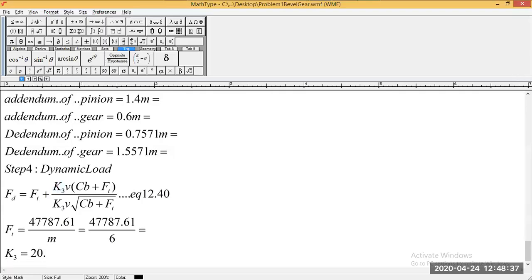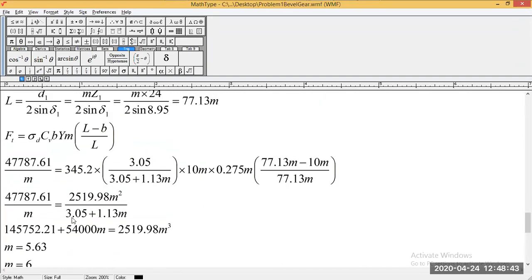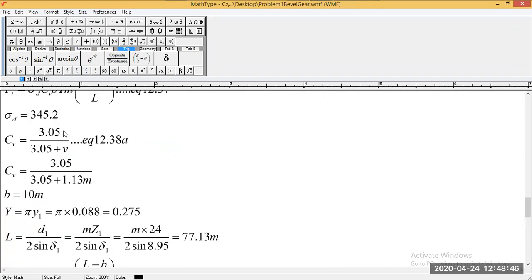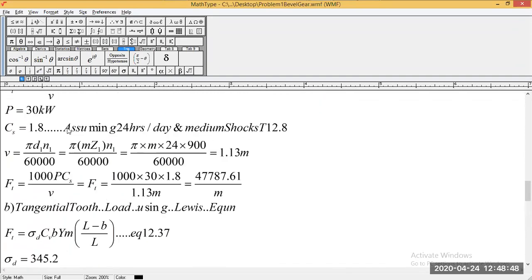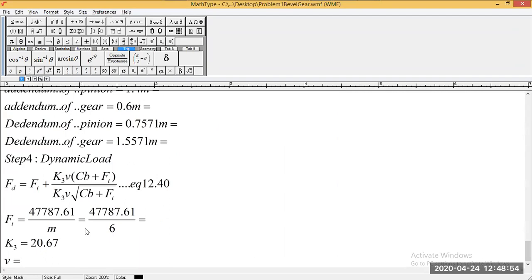It's 20.67, and V, velocity, again is dependent on module, so we'll take out that data also. Where is velocity? Yeah, here, 1.13 m. This is equal to 1.13 times 6.